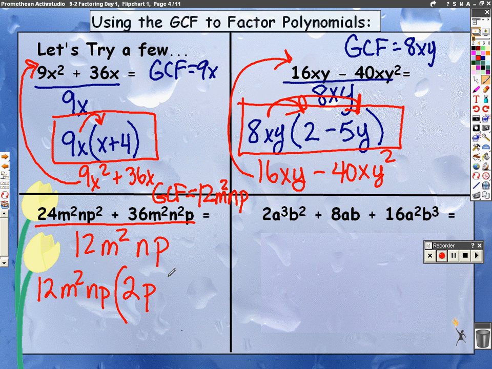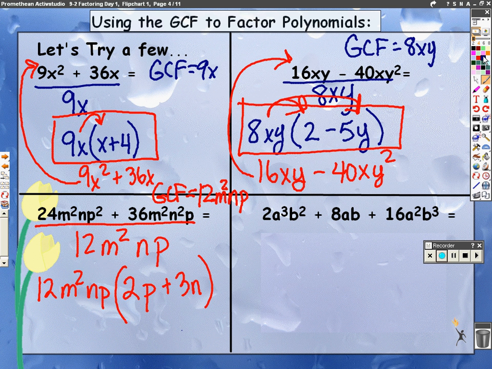We can remember these skills from earlier in Unit 6 when we were dividing monomials. And you can go back in your notes and see these skills if you're not sure about them. 36 divided by 12 is 3. M squared, I have an n here, so I end up with 12m squared np times 2p plus 3n.